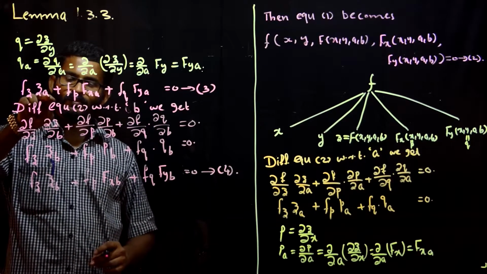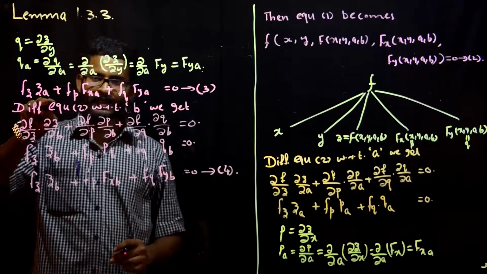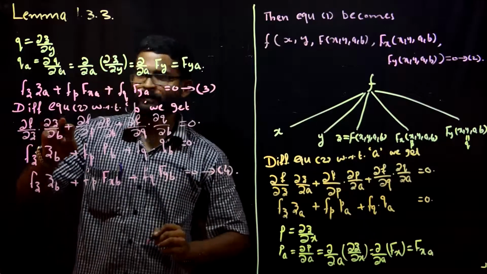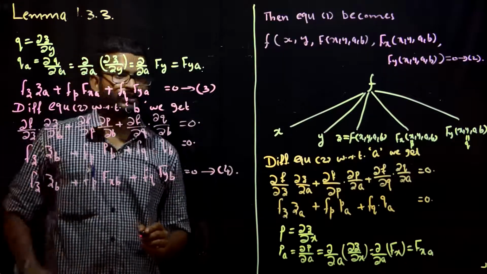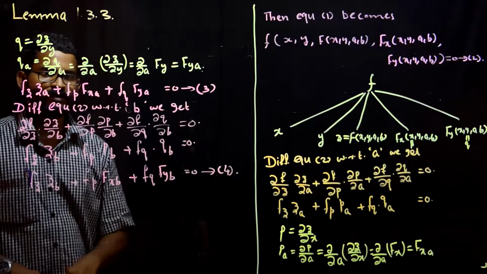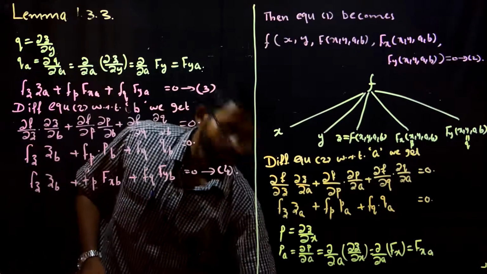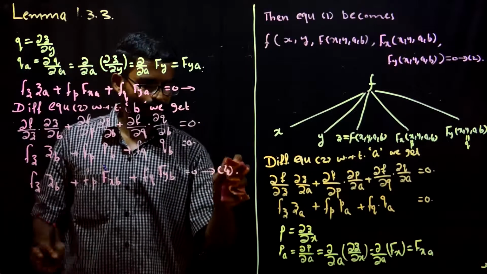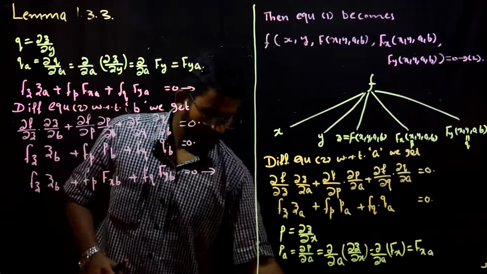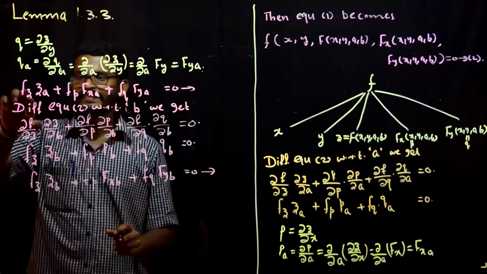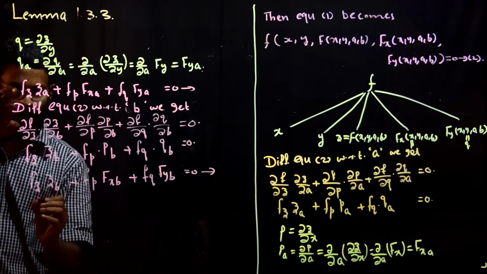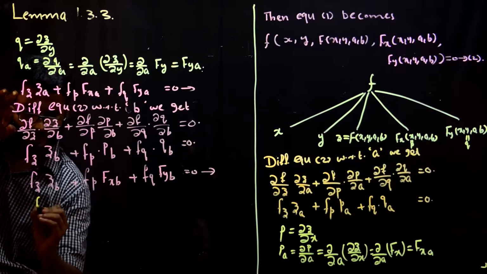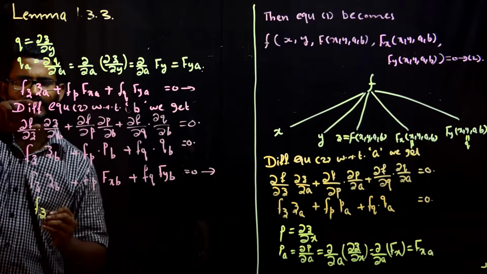Z is equal to capital F. We know equation number 3. This can be written as f_z z_a.